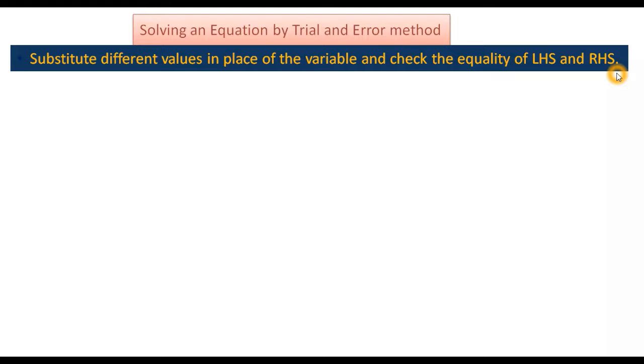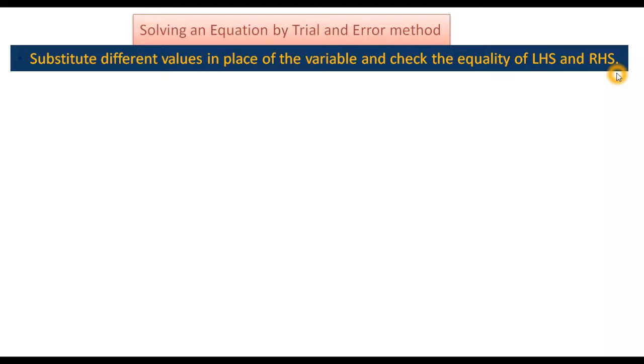In this trial and error method, we replace the variable with different values. Suppose at first we try the value of the variable as 1, then we try 2, so we try different values in place of the variable and then check whether the left hand side is equal to the right hand side or not.